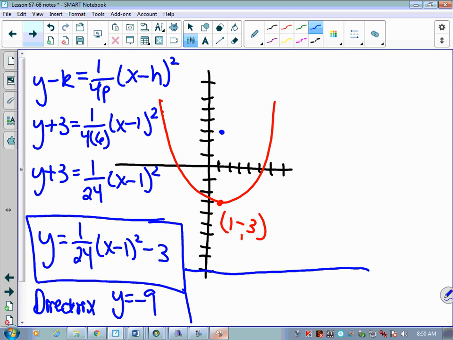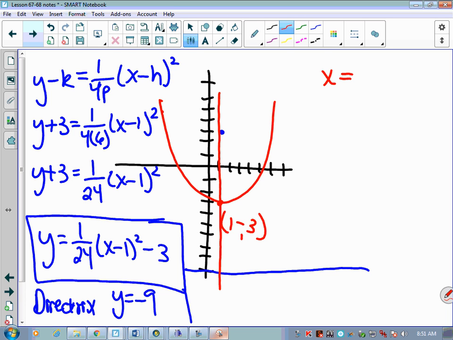Okay? The last part that I need is the axis of symmetry. The axis of symmetry should always be perpendicular to the directrix. So if my directrix is a horizontal line, then my line of symmetry is going to be vertical. And I write vertical lines as what? X equals. And I'm going to know this because it's going to cut right through there. So all I need is x equals whatever the x coordinate is.